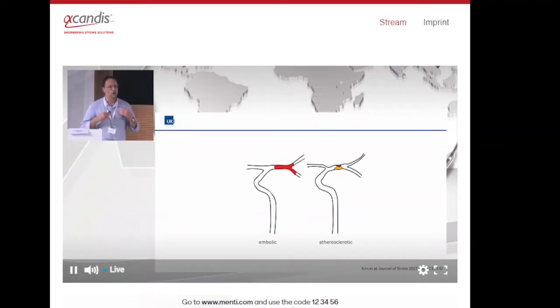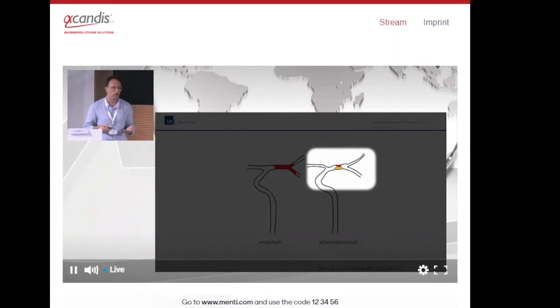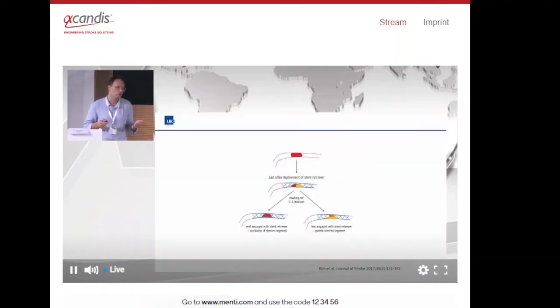And when we look at this problem from the theoretical side, and we start with the ICAD underlying pathology, it's straightforward that neither a stent retriever nor an aspiration catheter, nor the combination of both, will solve the problem. We might remove the acute thrombotic lesion on top of the stenosis, but we will not cure the stenosis, and probably the acute thrombotic occlusion will reoccur quite frequently.